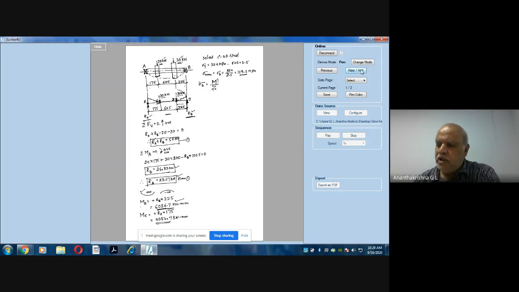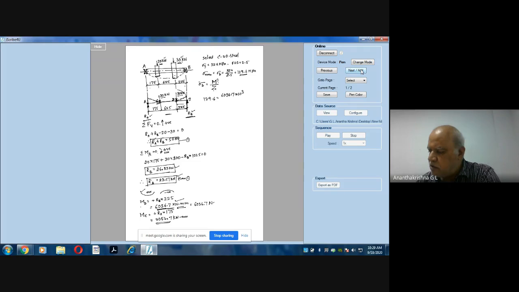Correct? Now come to sigma B in this equation. Sigma B is 129.6 is equal to, what is the maximum bending moment? 6036.7 into 10 power 3 Newton millimeter. Correct?